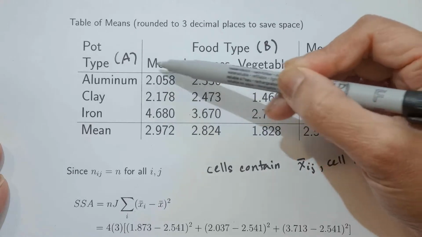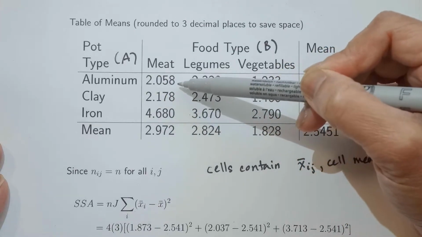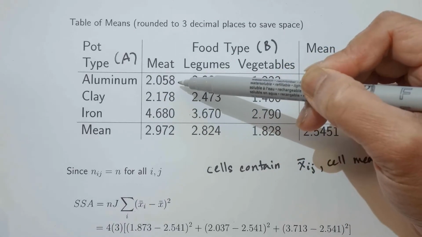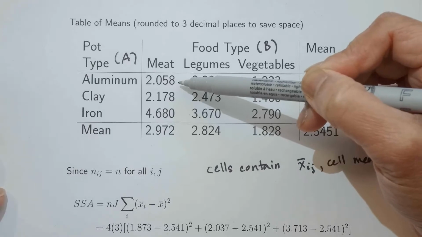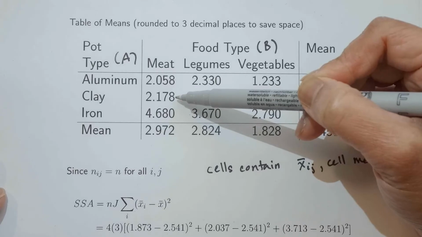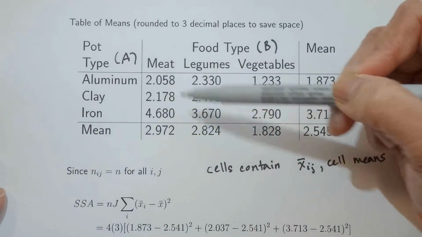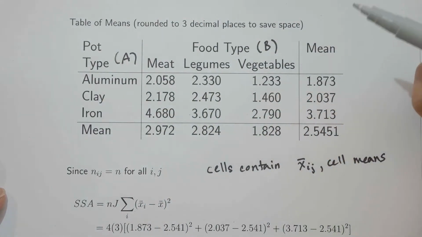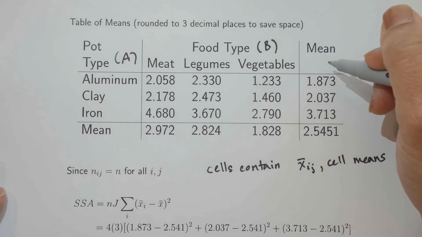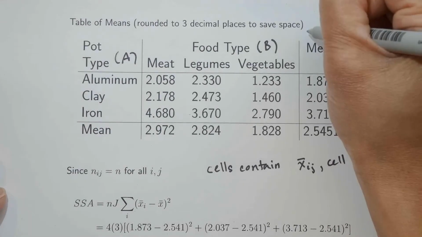So this 2.058 is the average of all the iron contents from the 4 replicates. And 2.178 would be the average of the 4 replicates where pot type equals clay and food type equals meat, and so forth. In the margins, we have our marginal means.